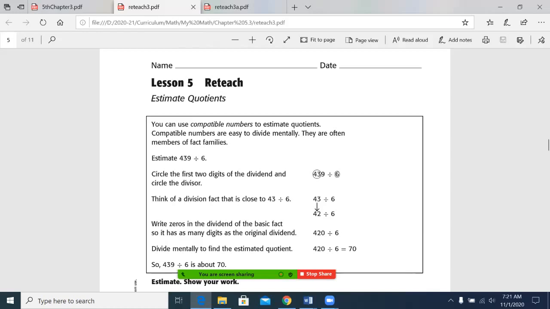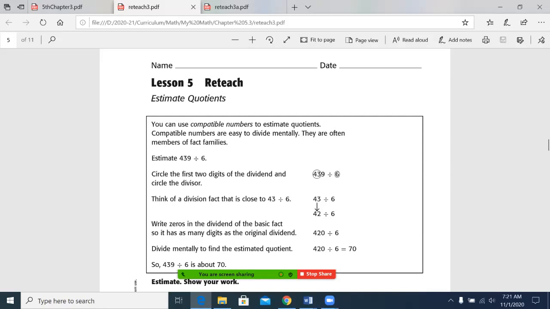For instance, if we wanted to estimate 439 divided by 6, I would circle the first two digits of the dividend and the divisor. So we had 43 and 6. And I want to find a fact family that involves 6 and a number that's at least close to 43.